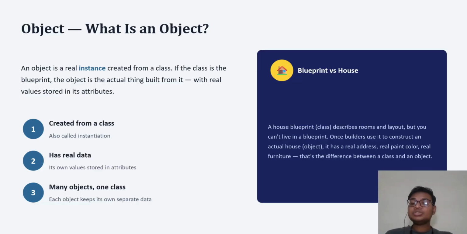Once builders use it to construct an actual house, like an object, it has a real address, real paint color, real furniture. That's the difference between a class and an object. I hope you clearly understand class and object with the help of the blueprint versus house.